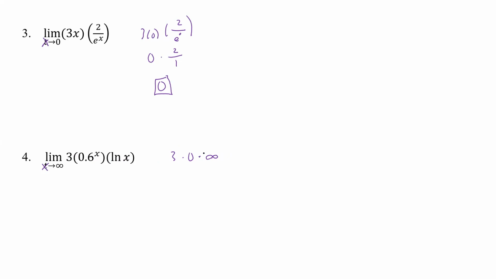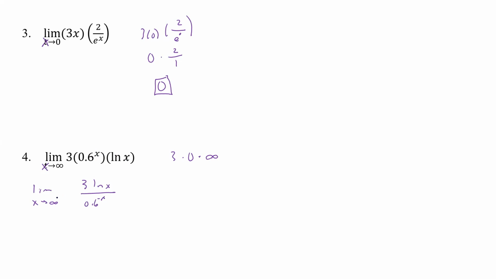Now, what can we do? Well, we could rewrite one of those into the denominator. So let's take this one, because it's easy to write a negative here compared to that. So let's say limit as x approaches infinity of 3 ln of x over 0.6 to the negative x. Okay.